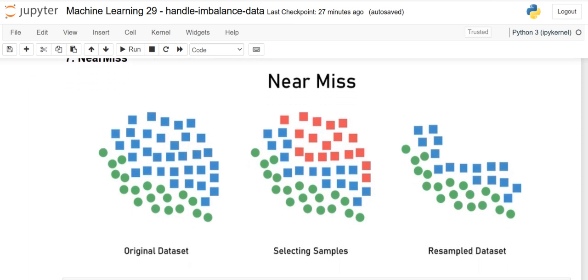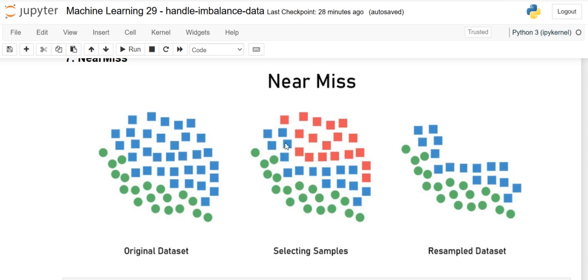NearMiss is actually an undersampling technique. Instead of resampling the minority class, using a distance it will make the majority class equal to the minority class. Here this green is the minority.